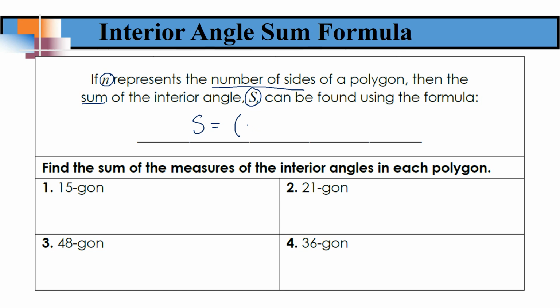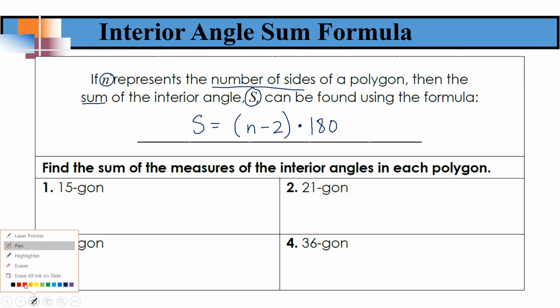Remember what we did first. We took the number of sides and subtracted 2, and then after doing that, we multiplied by 180. So this is describing exactly what we just discovered using our table. Take the number of sides, subtract 2, multiply that by 180, and that gives you the sum of the interior angles within any polygon. So let's look at the next couple of examples.